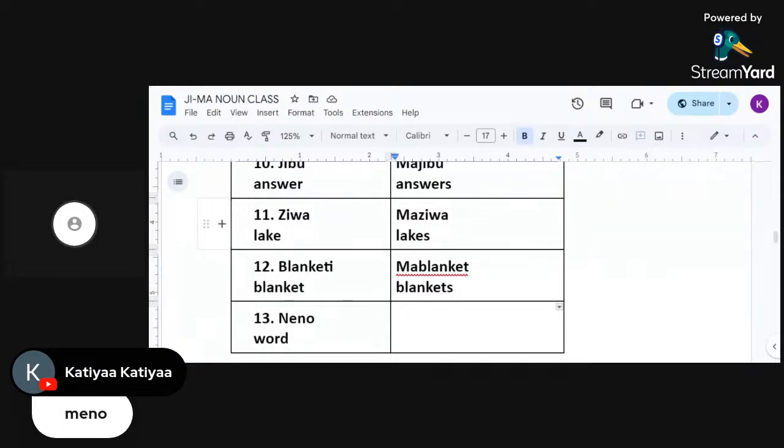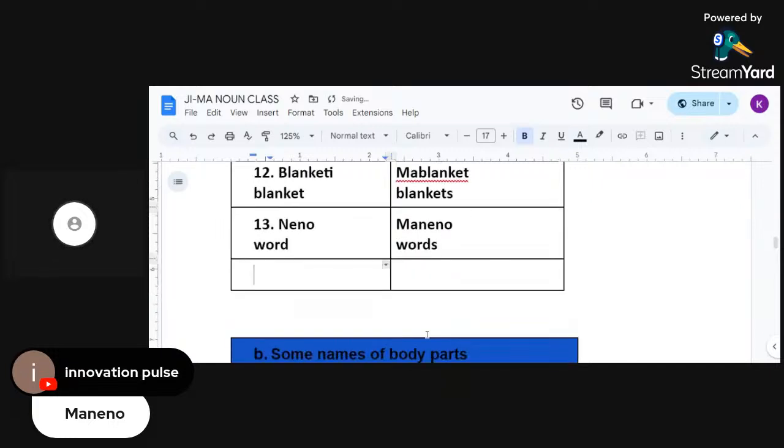How do you write the plural form? Maneno. Vizuri sana. Sawa. Maneno, words.